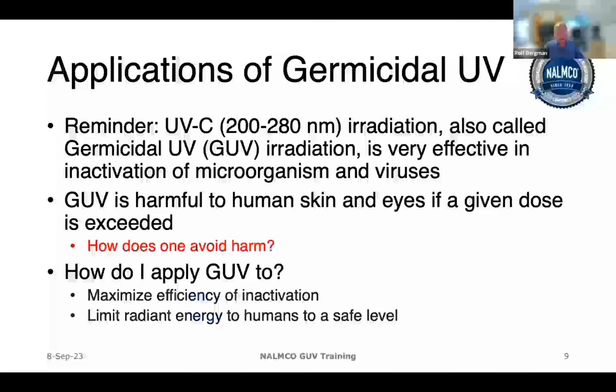So the major elements of germicidal UV, that is light in the UVC region, is to maximize the efficiency of the inactivation of microorganisms, and to do this in a safe way so that the radiant energy, which could be harmful to humans, does not involve human contact. It is safe.